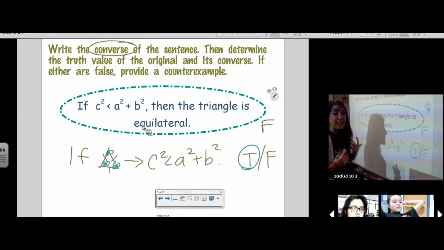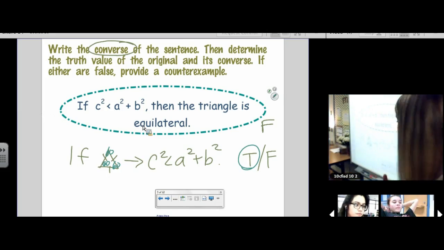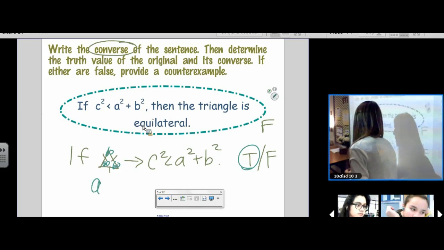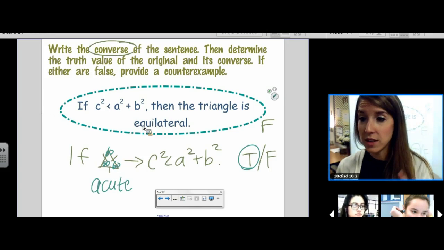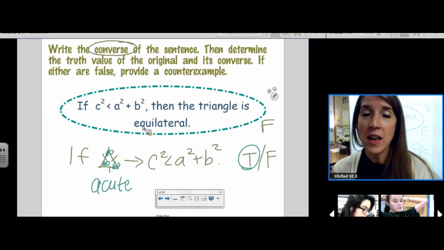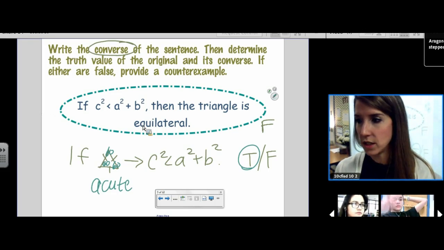About 60. 60, 60, 60, right? So what kind of triangle is that? If it's equilateral, it's an acute triangle. So this is saying if the triangle is acute, then c squared is less than a squared plus b squared. And that is true. Equilateral triangles are acute. So the original is false and the converse is true.